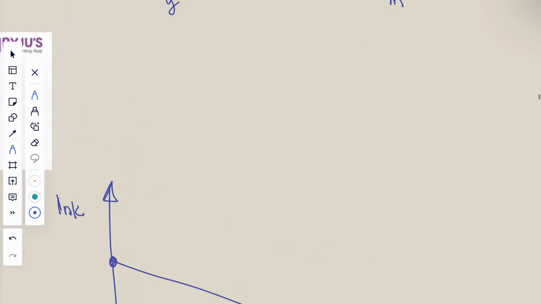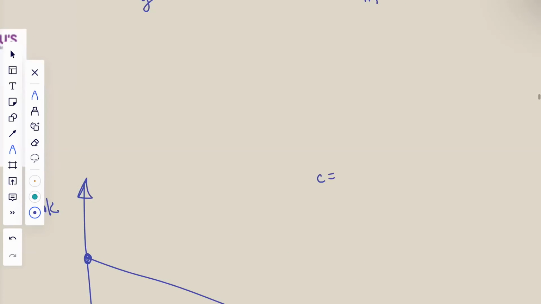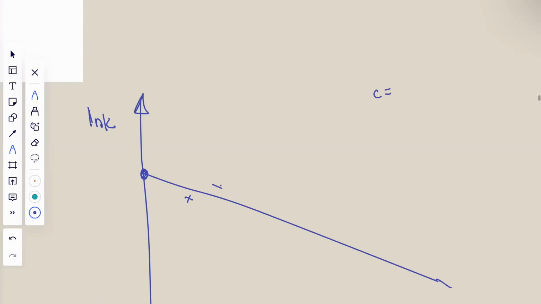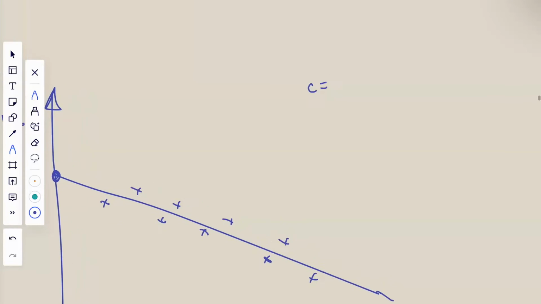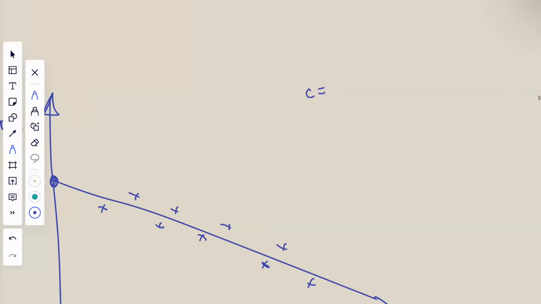So then you have a lot of data, right? You draw this graph here. Then as usual, you do the linear regression. So c is equals to ln A, so later you can calculate A equals to e power c.